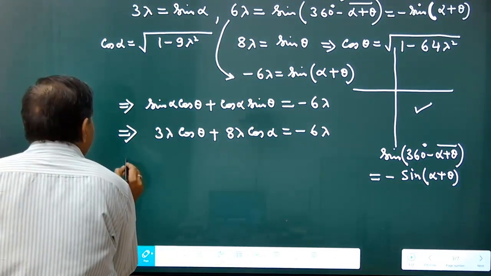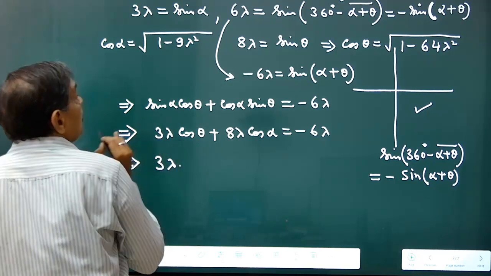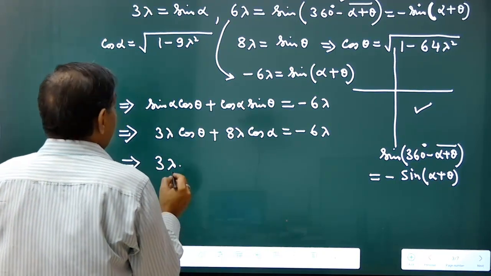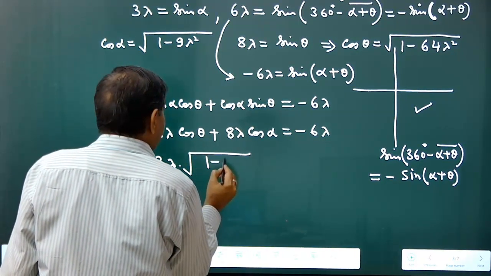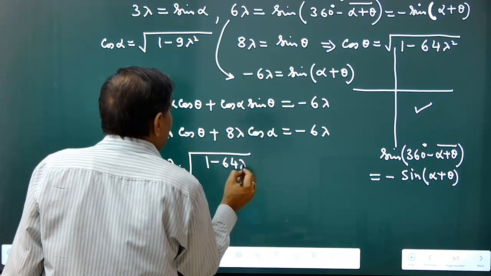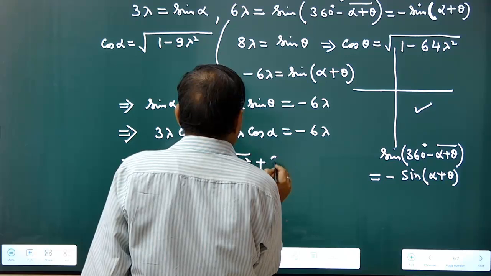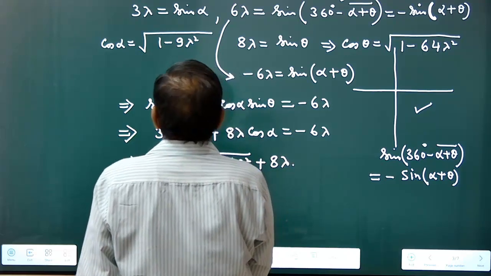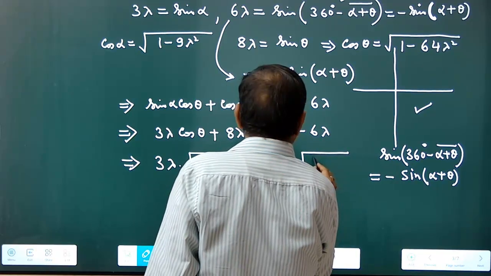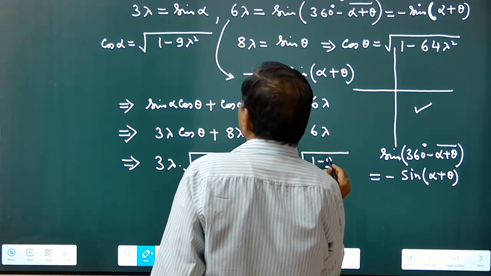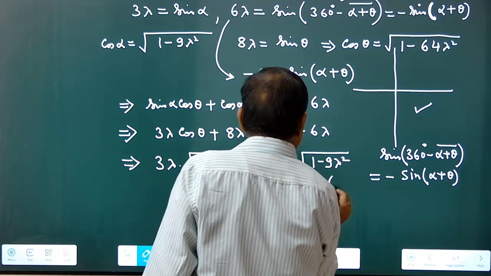So putting those values, 3 lambda times under root of 1 minus 64 lambda square plus 8 lambda into under root of 1 minus 9 lambda square is equal to minus 6 lambda.